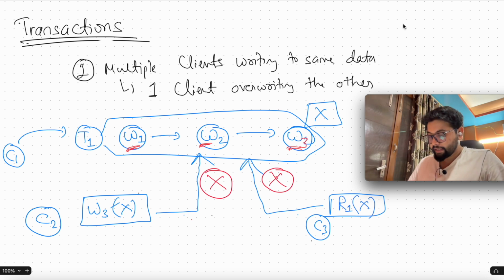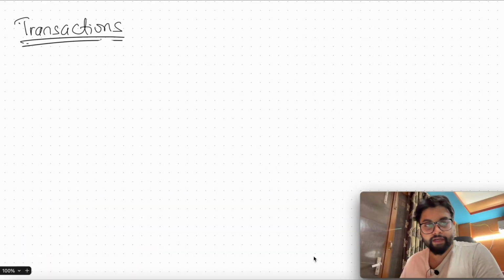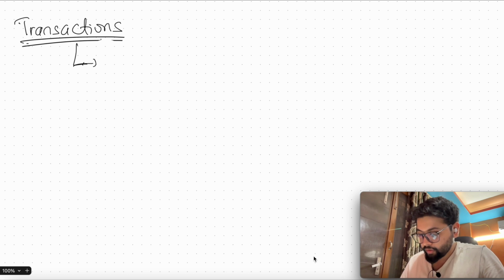Now with transactions come multiple performance issues as well. Transactions can cause performance overheads. We discussed previously that transactions allow a user to follow an atomic nature, right? So basically a transaction makes sure that a series of operations performed under it are atomic in nature.